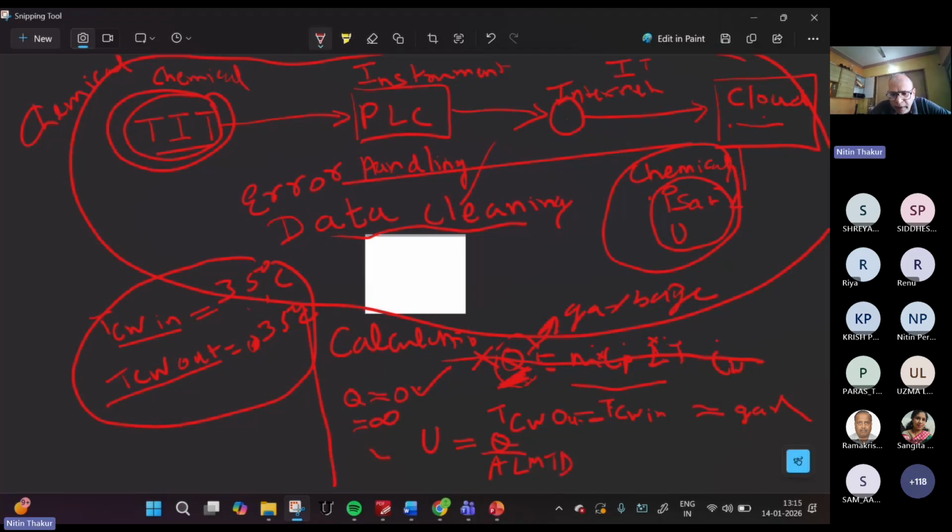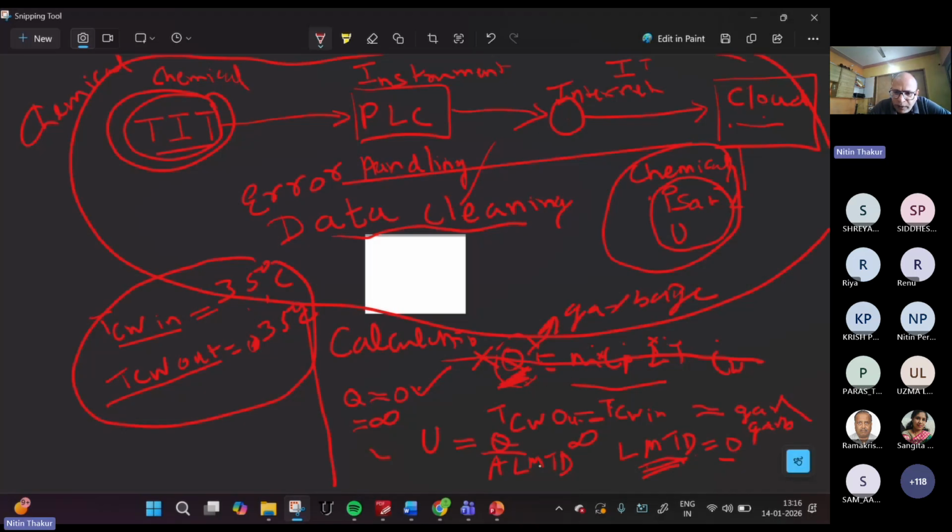Now, if for some reason, again, LMTD is equal to 0, this will lead to an infinite value. So the chemical engineer defines that, first of all, the LMTD should not be 0. If for any reason this happens, this will be a garbage value.